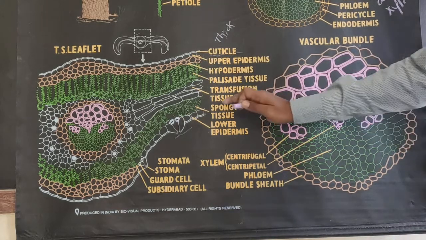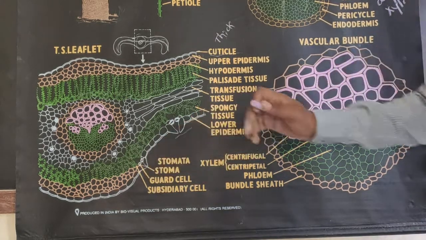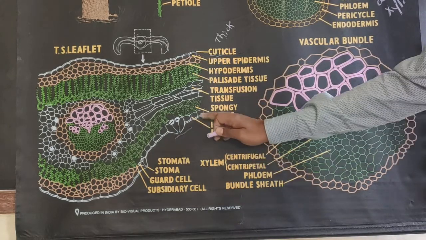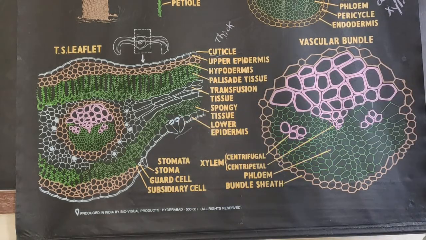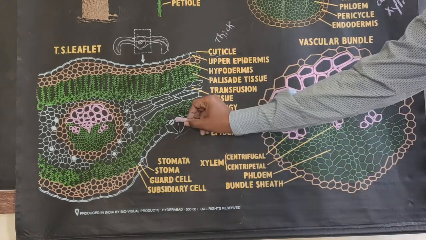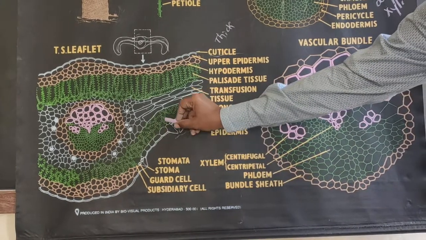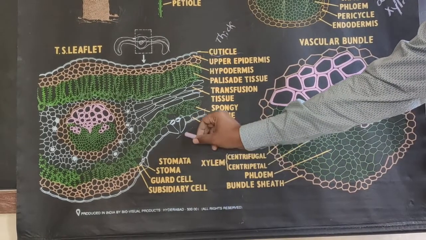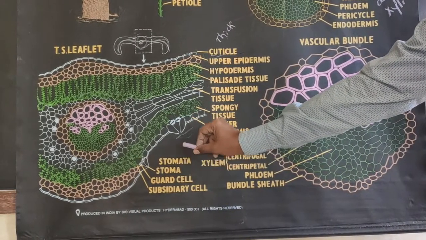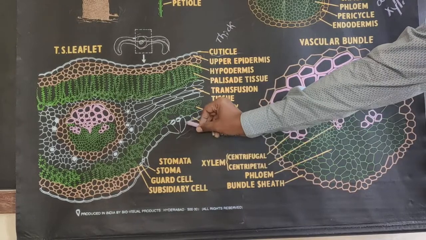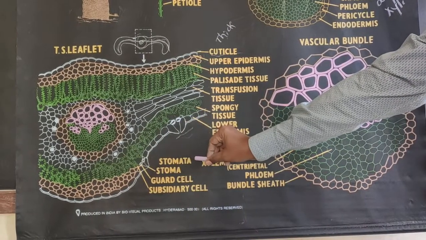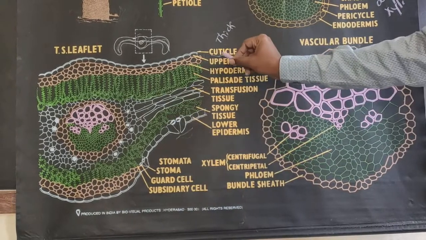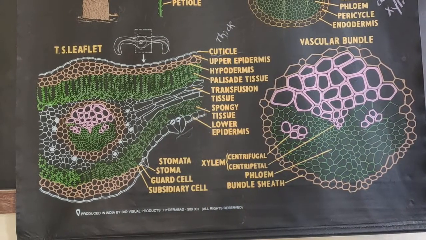And if you look at the lower epidermis, the epidermal cells are interrupted. They are interrupted because in some regions of the epidermis you will find sunken stomata. Only in the lower epidermis will you find the sunken stomata. The sunken stomata are the reduced stomata, and they are not present on the upper epidermis.